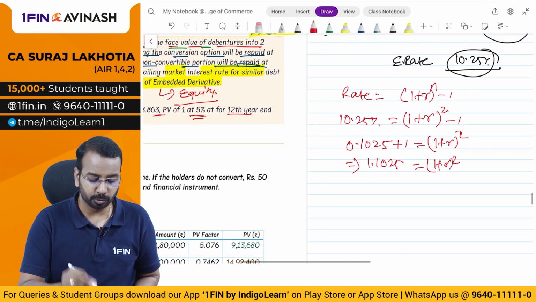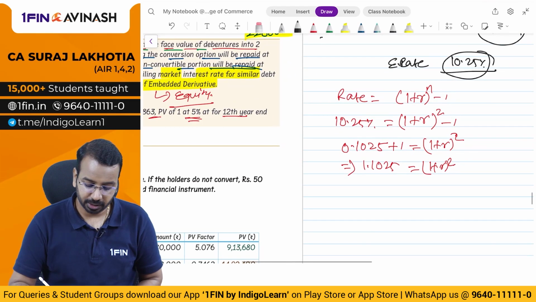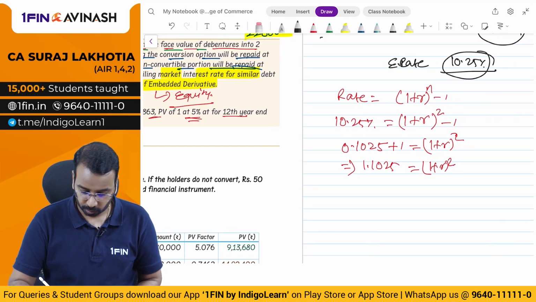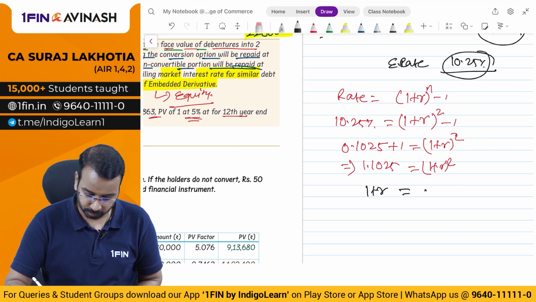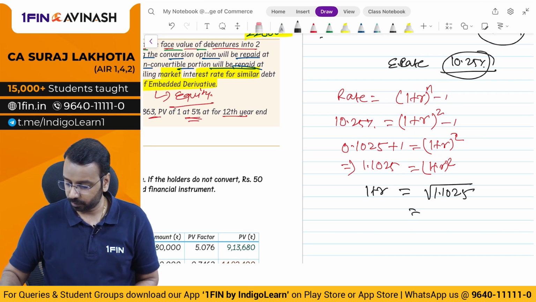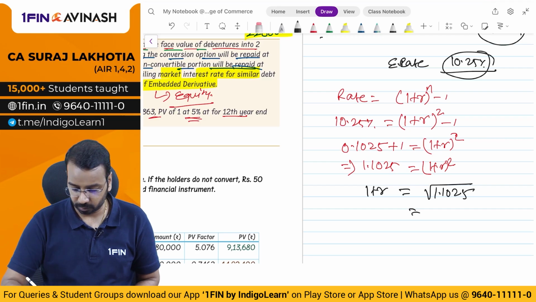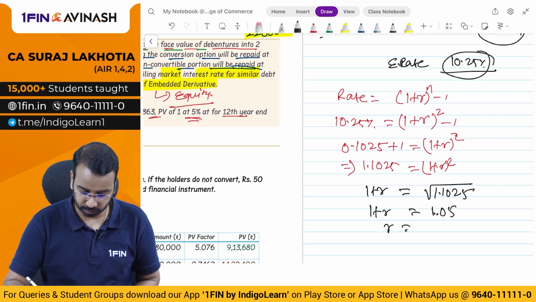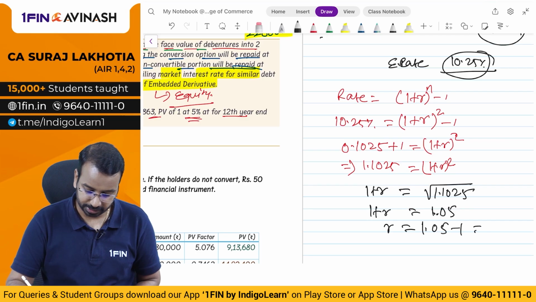Correct? No need to do it in the exam, okay? It is only for your understanding. So 1 plus r is equal to square root of 1.1025. 1.1025 square root, I get 1.05. 1 plus r, r is equal to 1.05 minus 1, that is 0.05 or 5%.